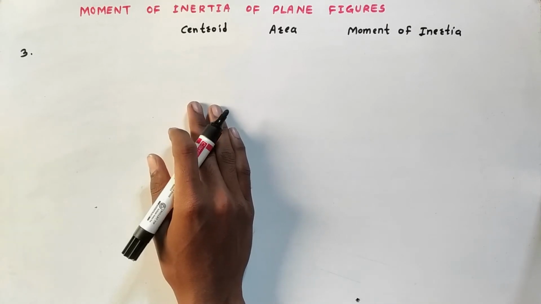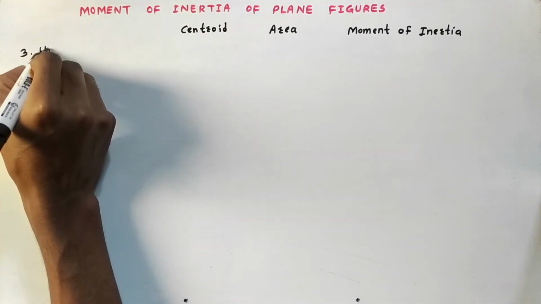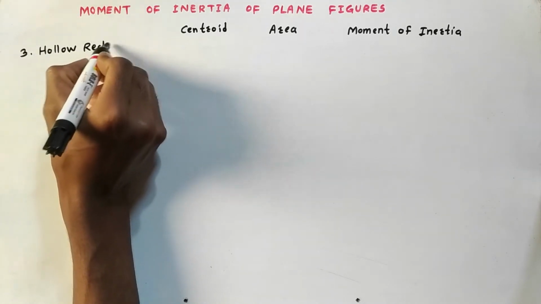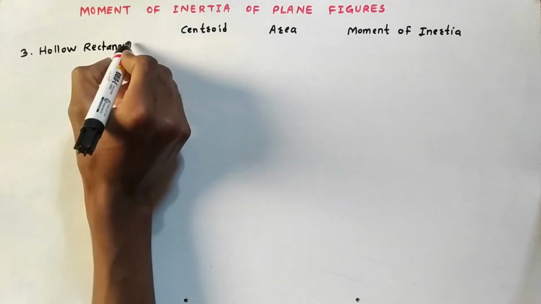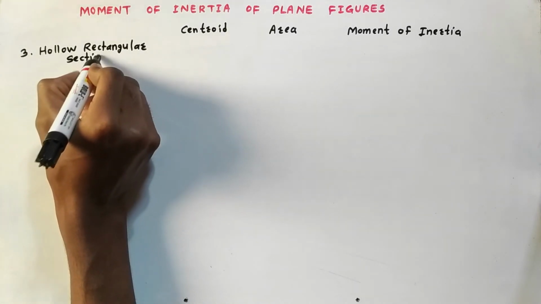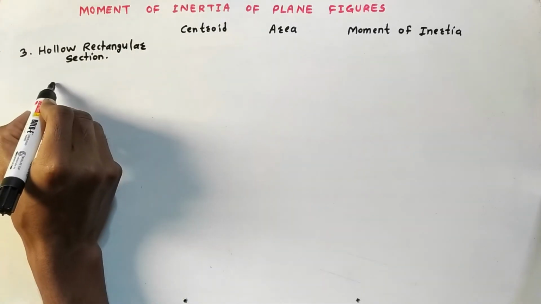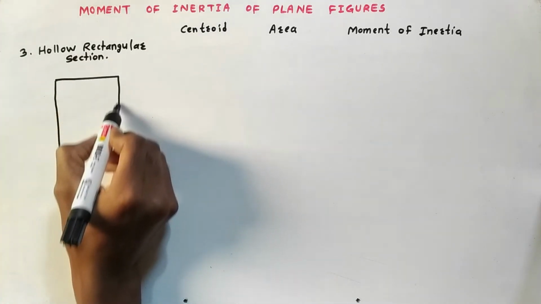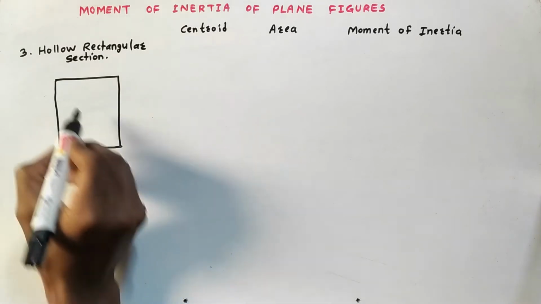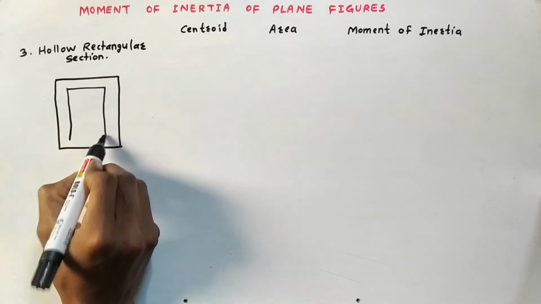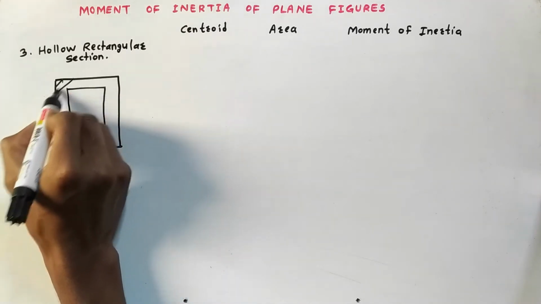Now see, the third section is hollow rectangular section. First draw a diagram. So this is a hollow rectangle.